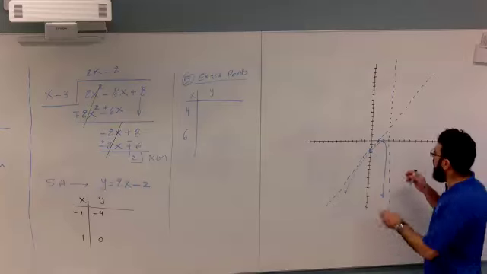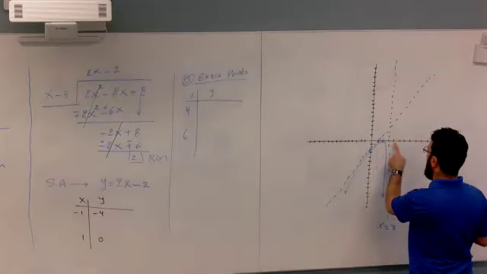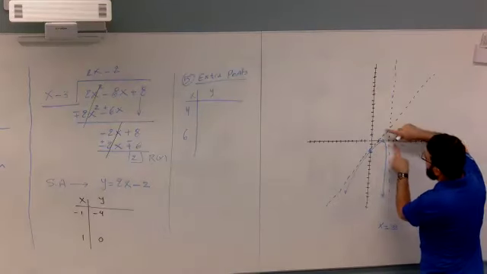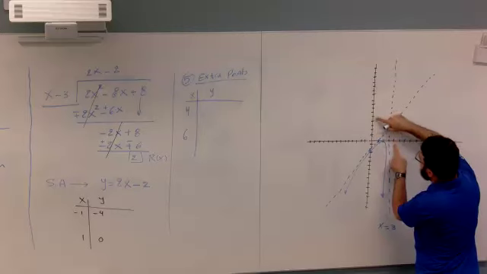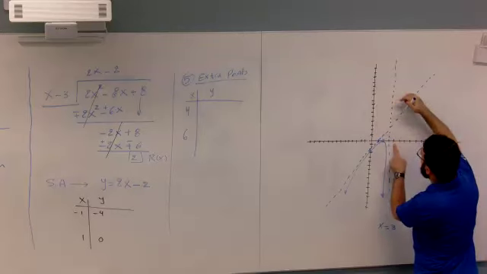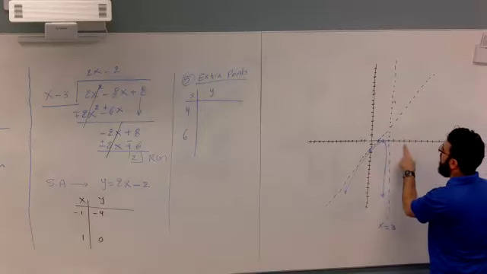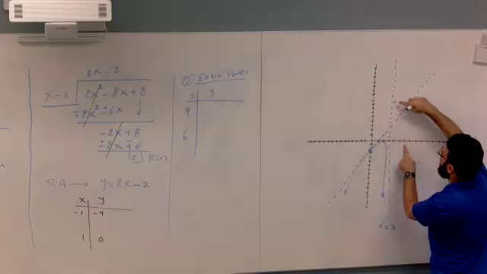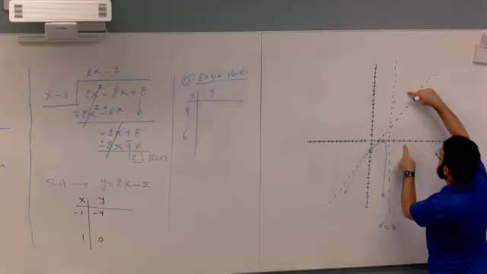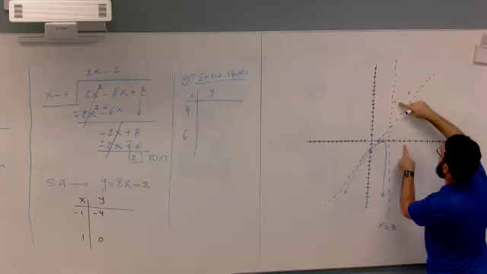How much did you get at 4? 8. At 6, 10 something? 10.6. 8, 9, 10.